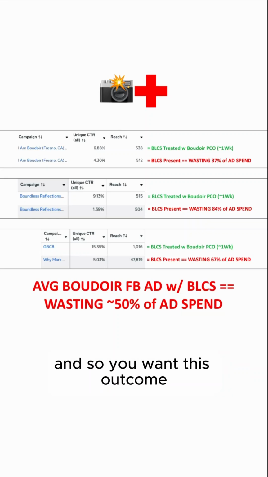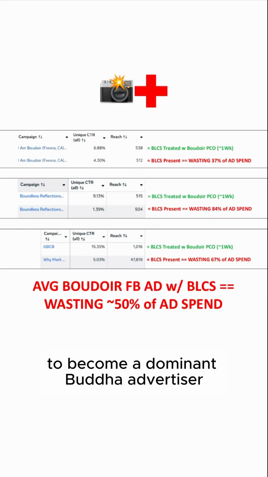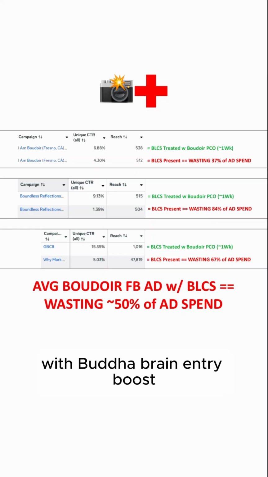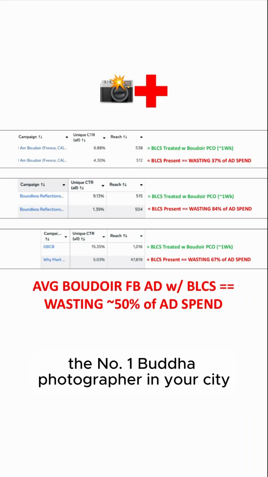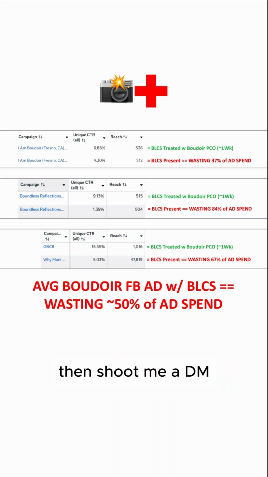And so you want this outcome, and you also want to achieve pre-click alignment to become a dominant Boudoir advertiser with Boudoir Brain Entry Boost, because you need this to achieve that on your path to becoming the number one boudoir photographer in your city. Then shoot me a DM.